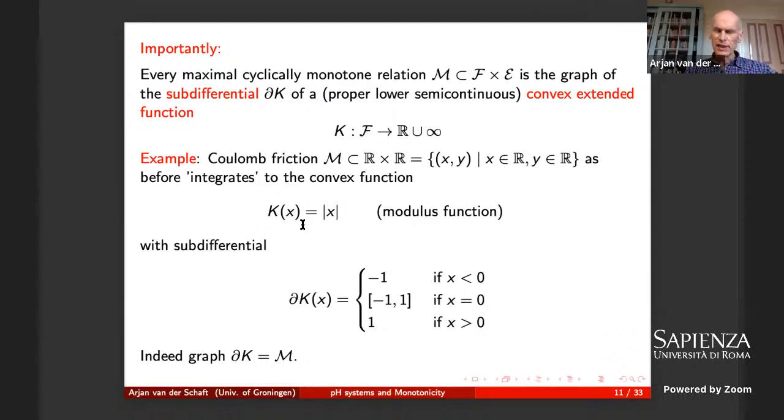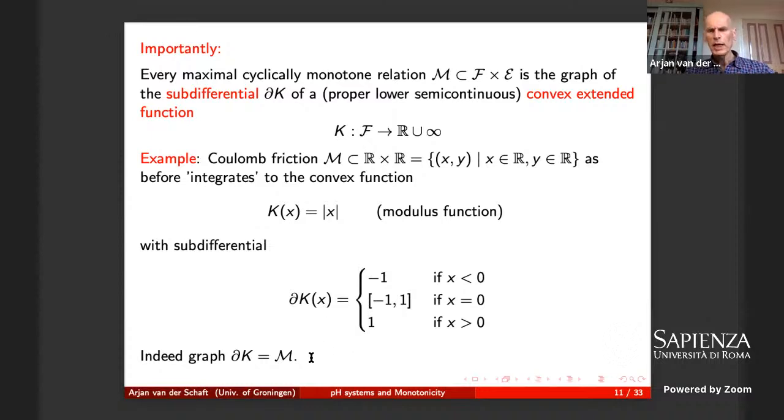And indeed, this is differentiable, of course, for x less than 0, corresponding to a value of -1, and it is clearly differentiable for x positive, corresponding to +1. And then at 0, it is not differentiable, but what we do is that we take the envelope of all the possible tangent vectors to it, which is just the interval from -1 to +1.